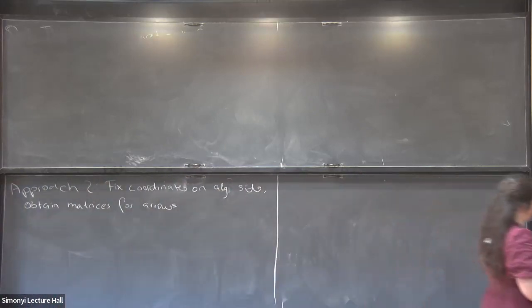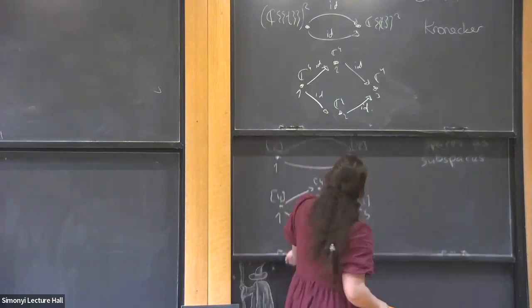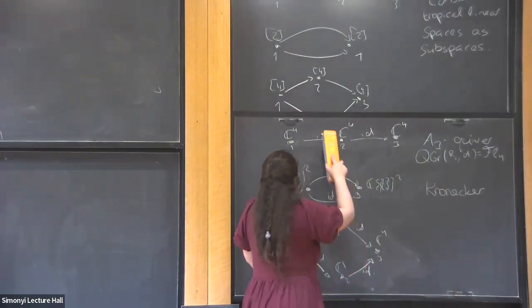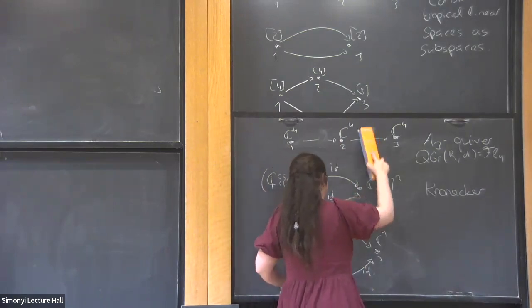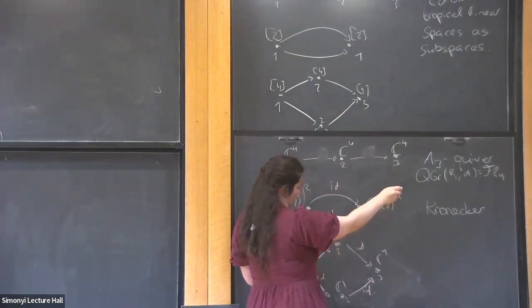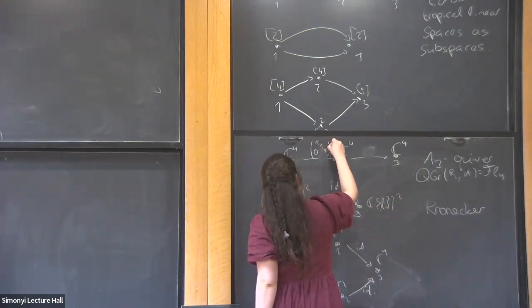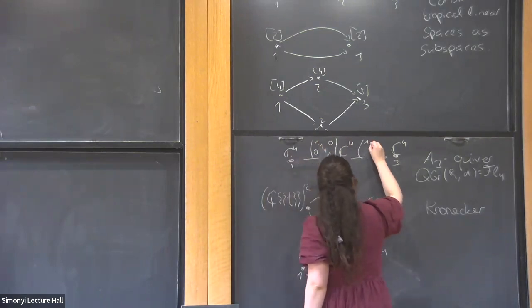In our examples up here, one thing we could do is just take the identity matrices with the FL picture, so we could put this on top of my arrows.